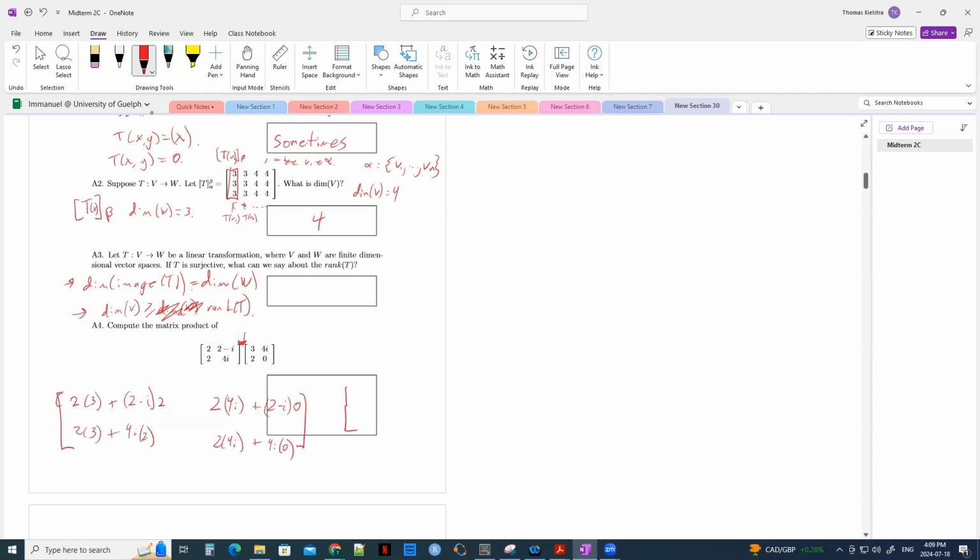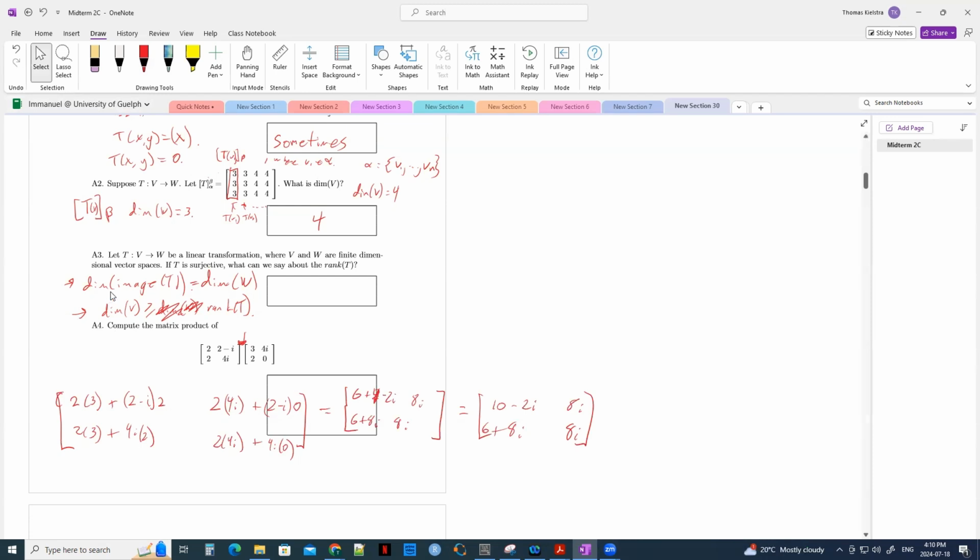Simplifying this, we get 6 plus 2 minus 2i, or 6 plus 4 minus 2i, 8i, 6 plus 8i and 8i, which equals 10 minus 2i, 8i, 6 plus 8i, and 8i.